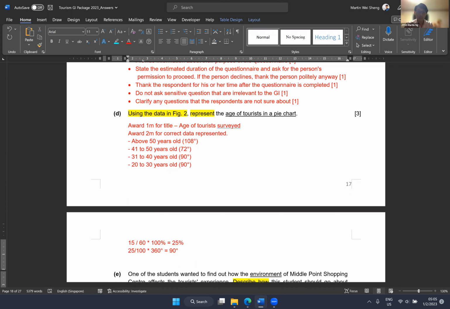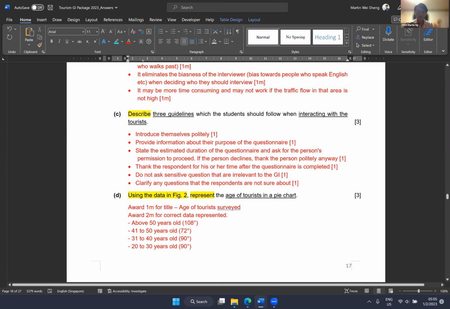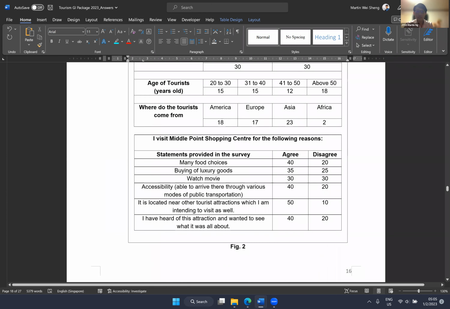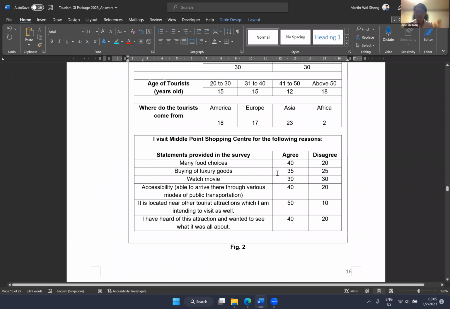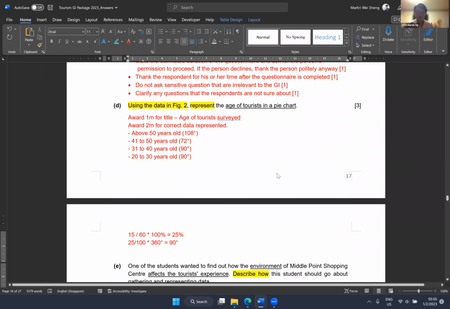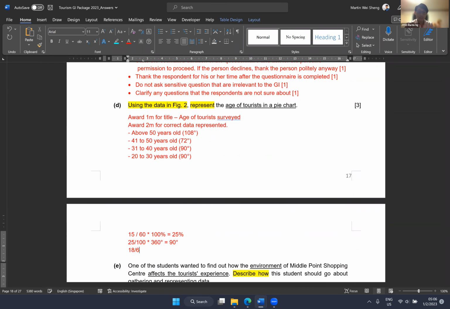For example, 18, right? So 18 people are above 50 years old. So you can take 18 over 60 times 100.